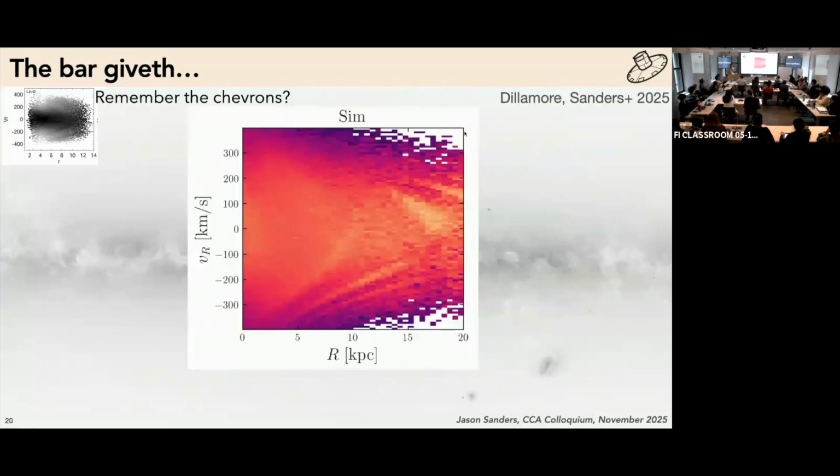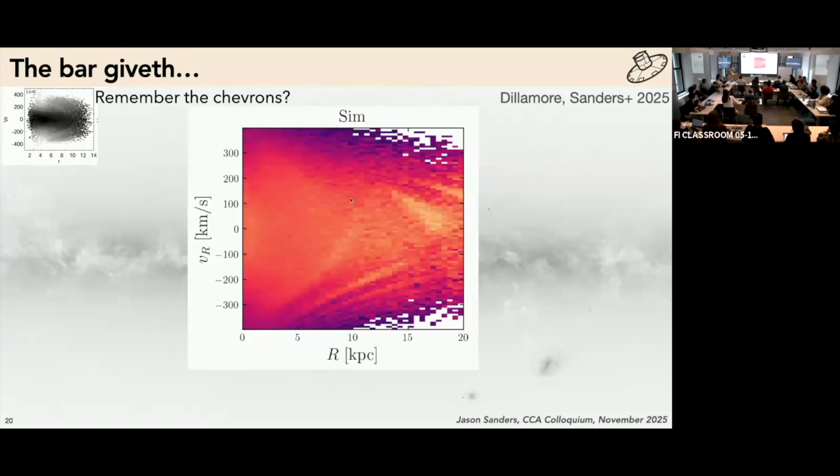And here's a simulation from Adam Dillamore's work, where he seeds a stellar halo with stars and then just puts a slowing bar inside it. And as the bar slows, you get this kind of sweeping effect, the resonant capture, and then the resonant orbits move outwards, and you very clearly get these striations, these chevrons that appear.